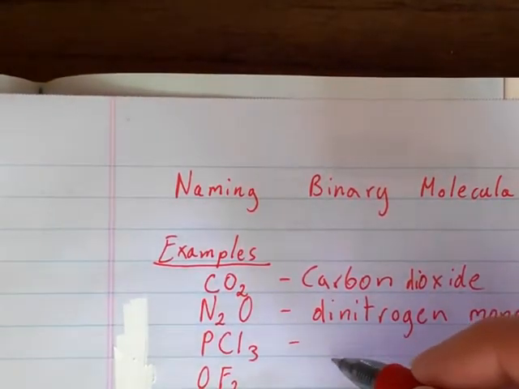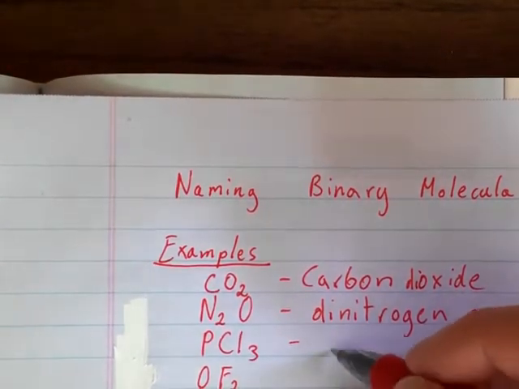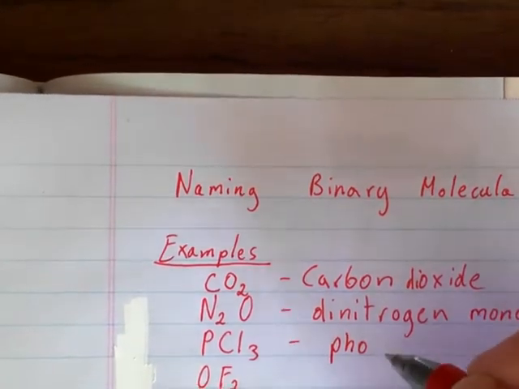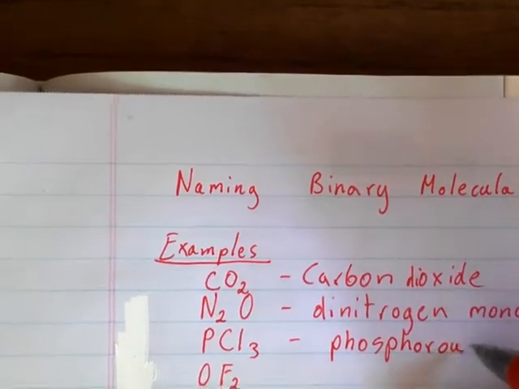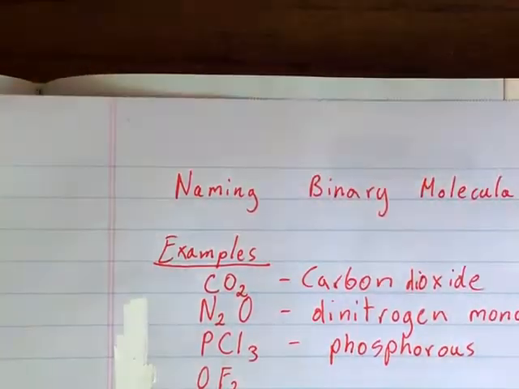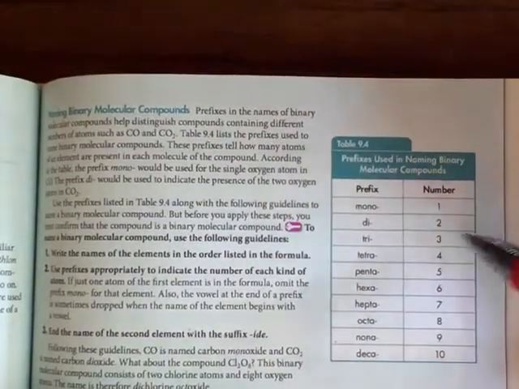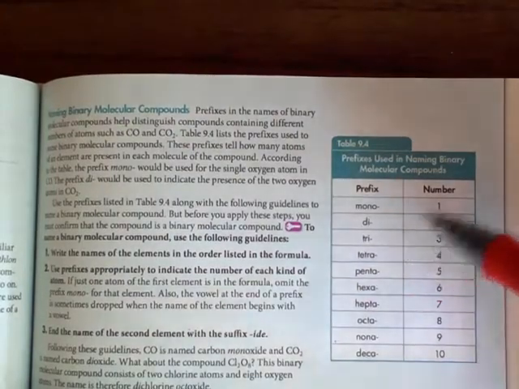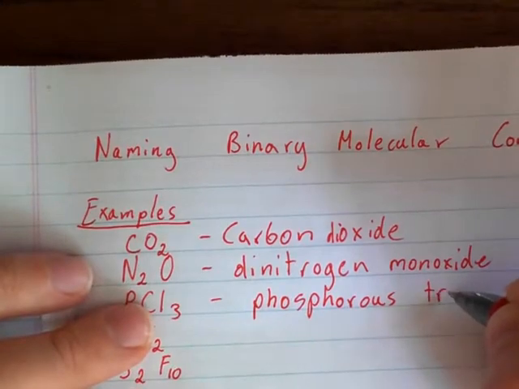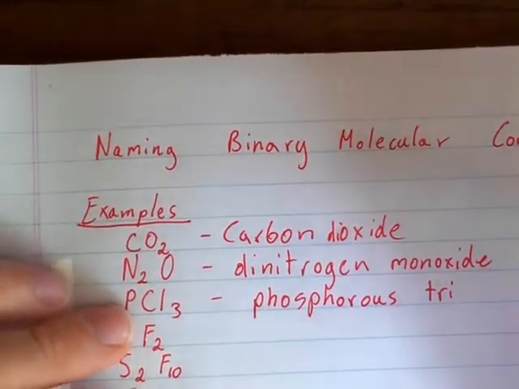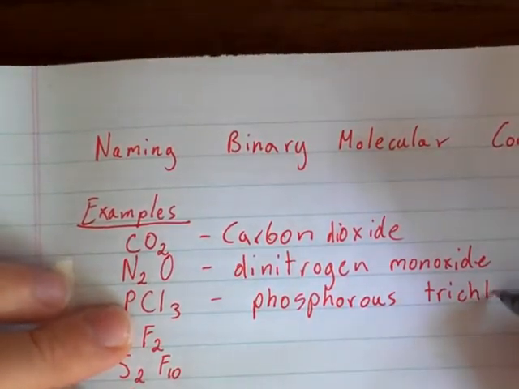So it's just phosphorus. And then how many chlorines we have? 3. The prefix for 3 is tri. So it's phosphorus trichloride.